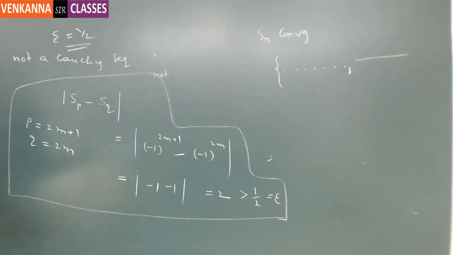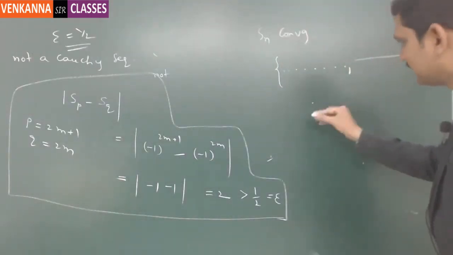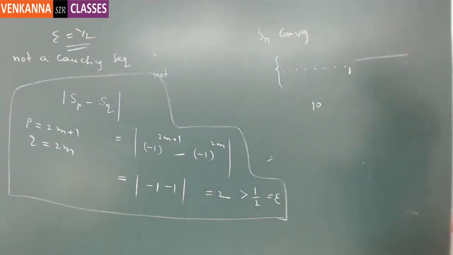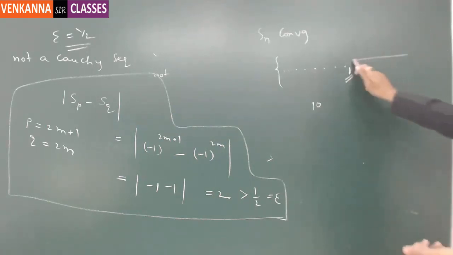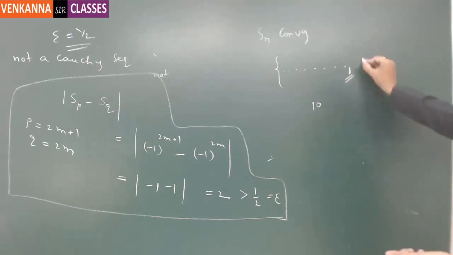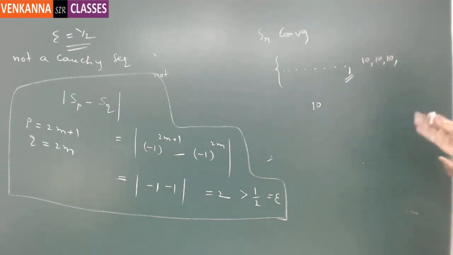Yes or no? So if I say that the limit of the sequence is, say, 10, what does it mean? From a particular term number onwards, all the values are becoming equal to 10. Even though they are not equal to 10, there is a small gap.